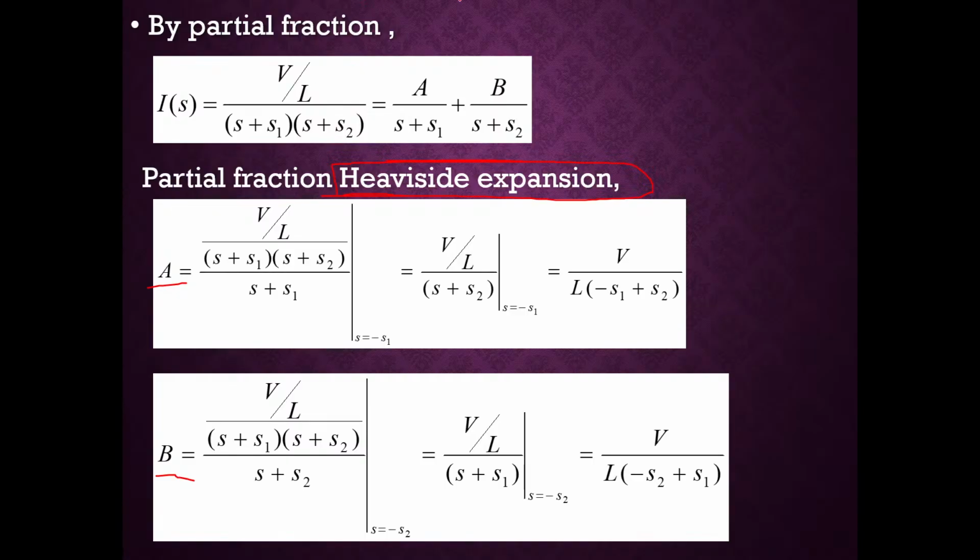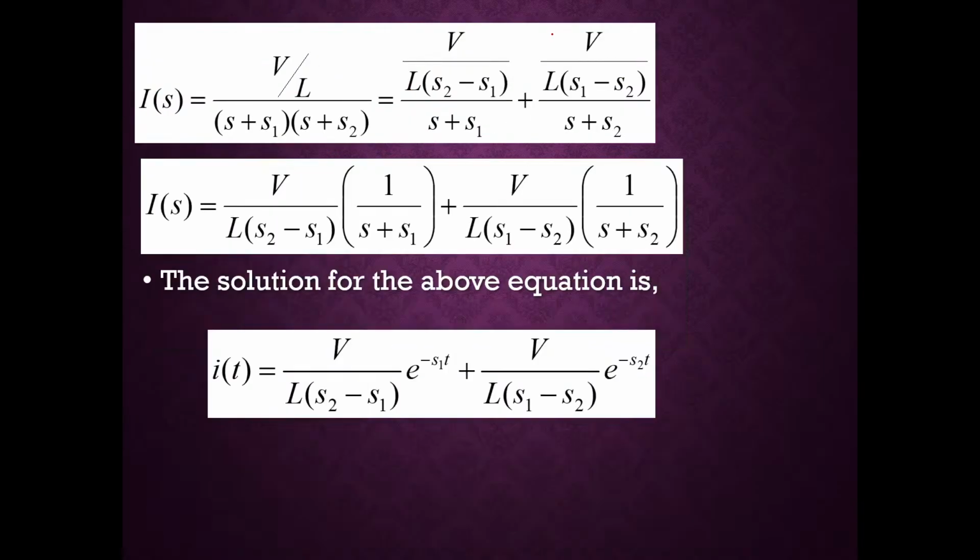Now we have determined A value, B value. Substitute A and B here in this I of S equation. So after substituting, this is how you will get.